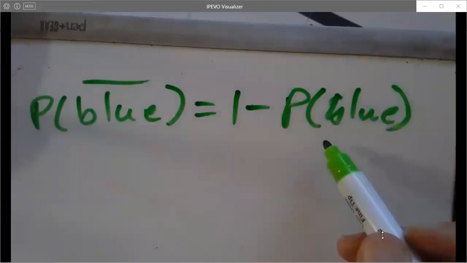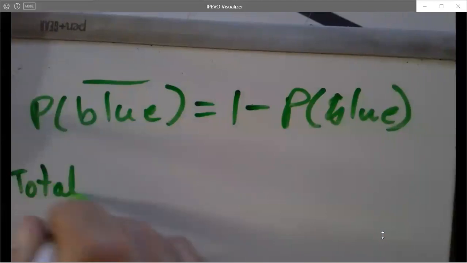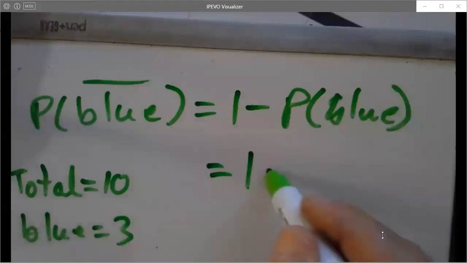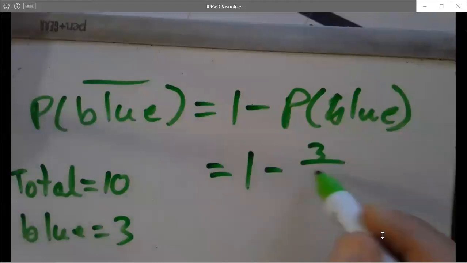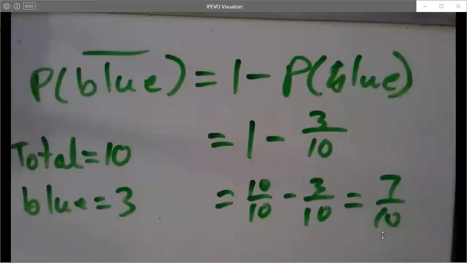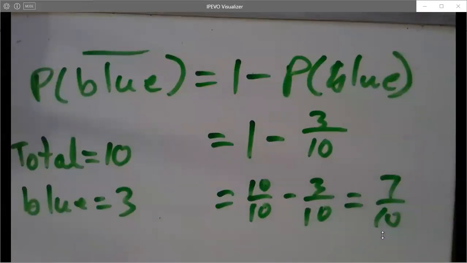We already know the total is 10, and blue is 3. So 1 minus 3 over 10. You change the 1 to 10 over 10 minus 3 over 10, and you get the same thing, 7 over 10. The other way, you just had to add up the marbles that were not blue. That's fine, but keep in mind that with larger probabilities, you would have to do it like this.